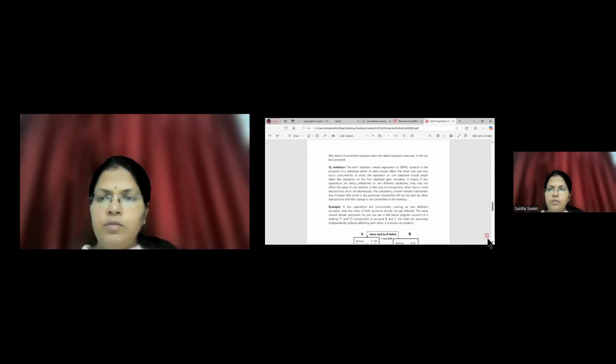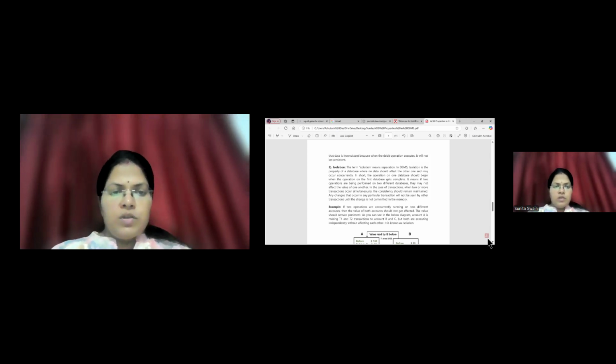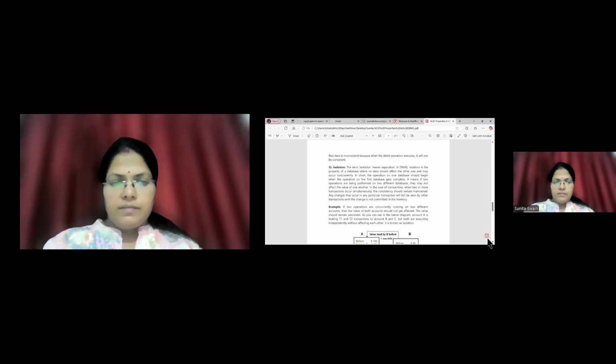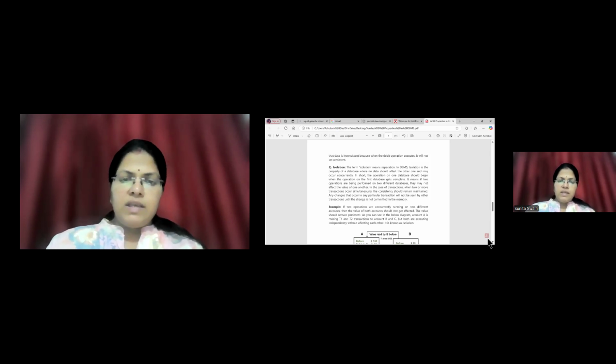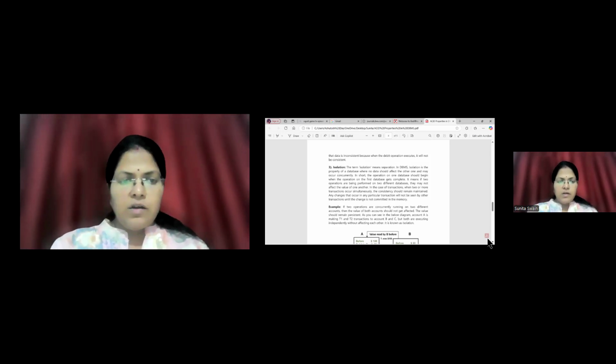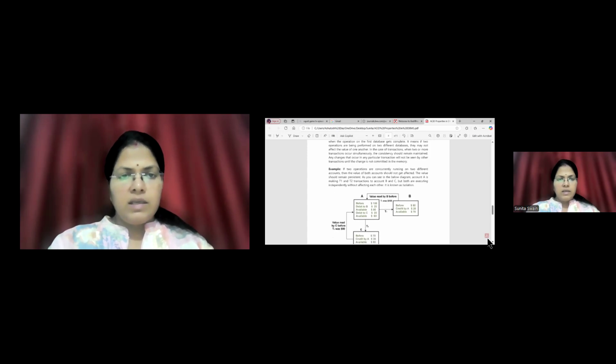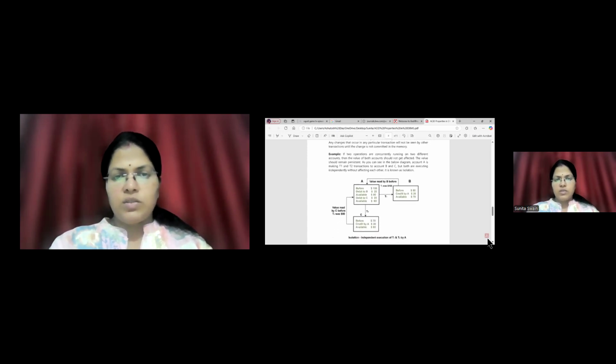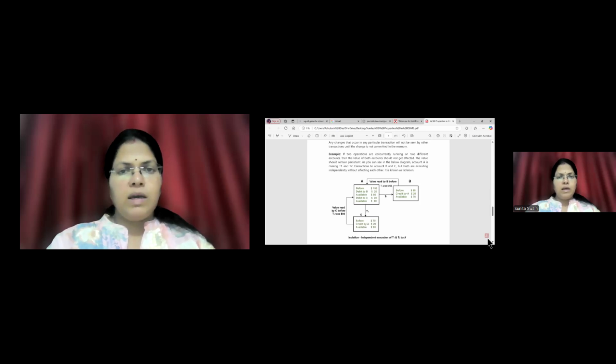So the value should remain persistent. As you can see in this above diagram, this account A is making transactions T1 and T2 to accounts B and C, but both are executing independently without affecting each other.